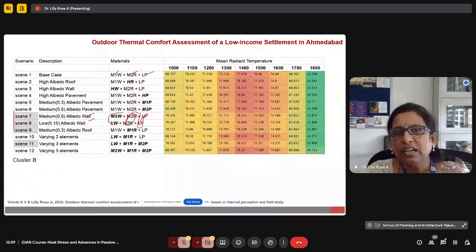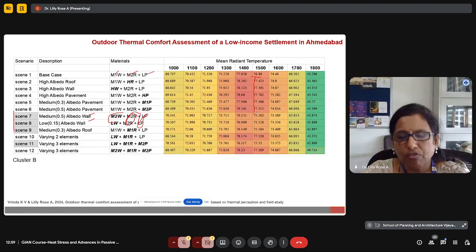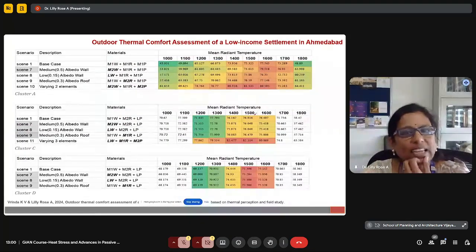From here there is a reduction of about 1 degree, and though a 1 degree reduction is very small, we can see this reduction in terms of MRT, as reflected radiation was much better.